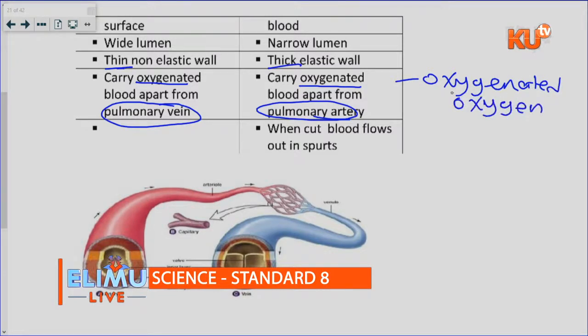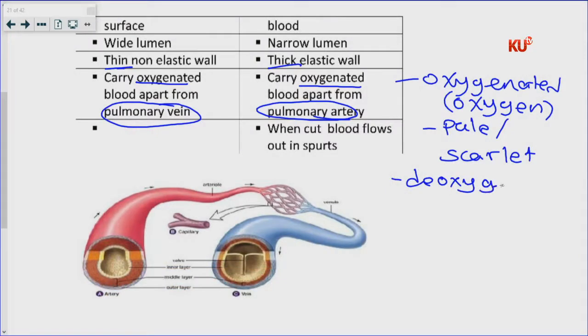Oxygenated blood is pale red in color, sometimes also called scarlet red. Deoxygenated blood, on the other hand, is blood without oxygen, and it is dark red in color.